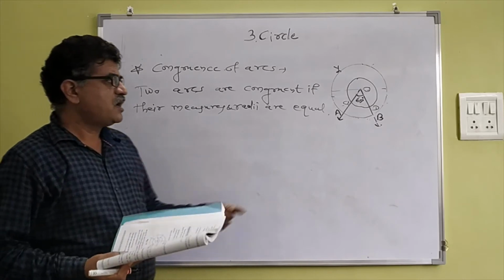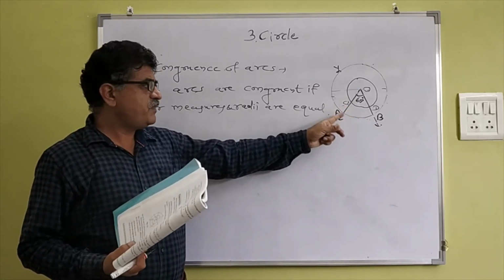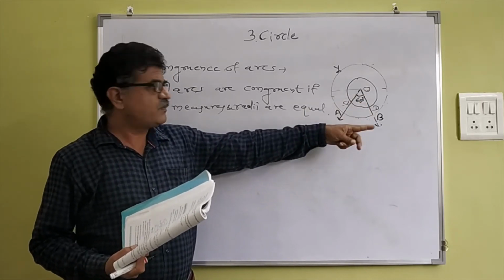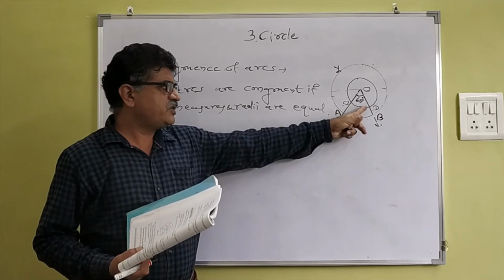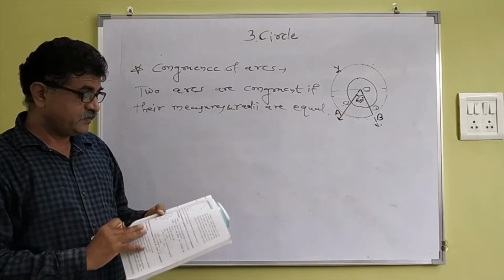Two arcs are said to be equal or congruent if their measures and their radii are also equal. Therefore, from this figure, arc CD and arc AB are not equal.